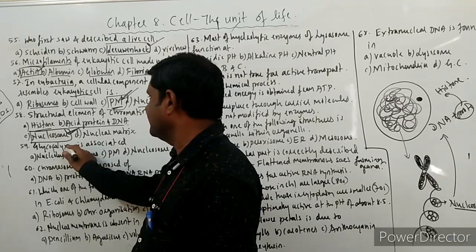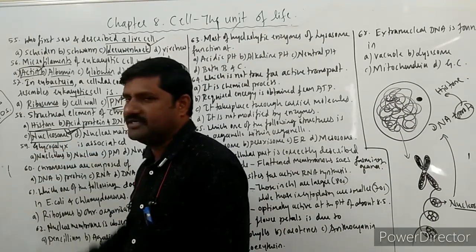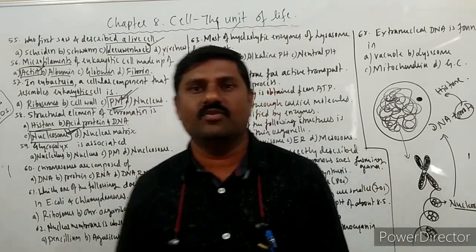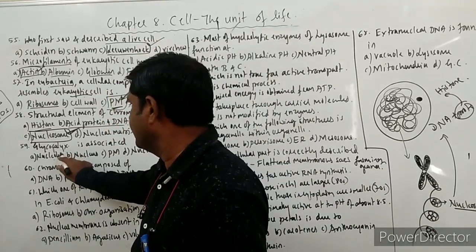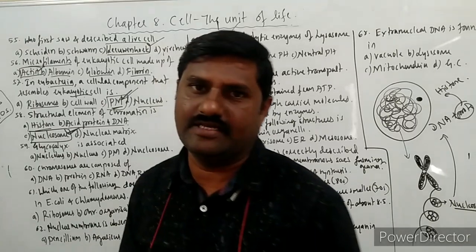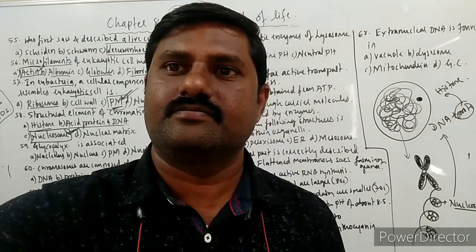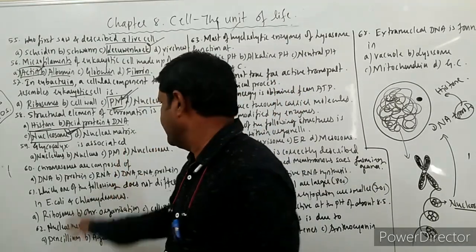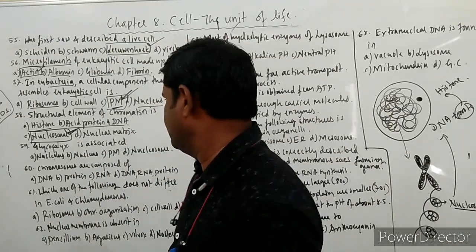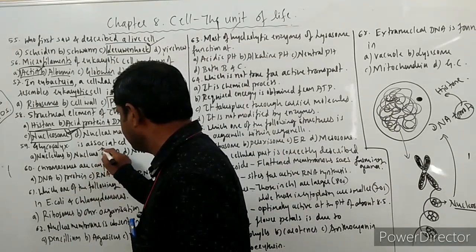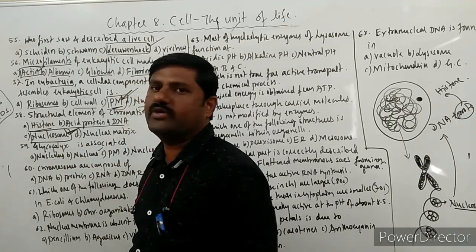Glycocalyx is confined to the prokaryotic cell, so there is no possibility of connection between this glycocalyx and the nucleolus. The second option is nucleus. Is there any possibility of the presence of a nucleus in a prokaryotic cell?